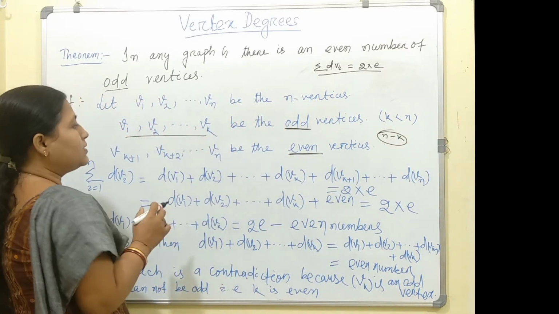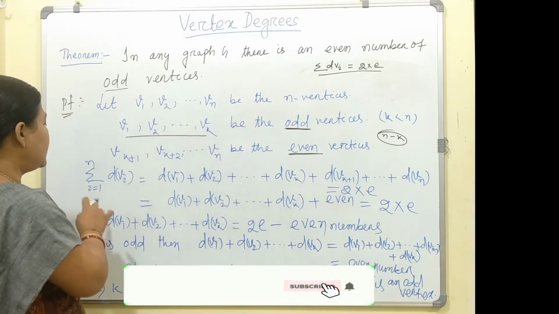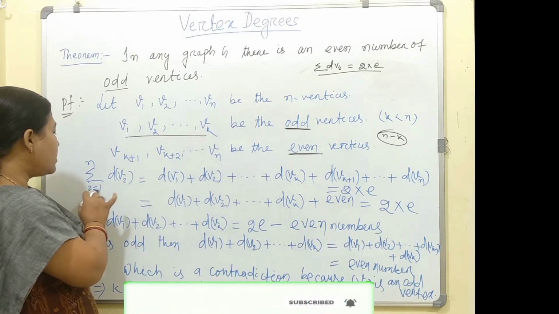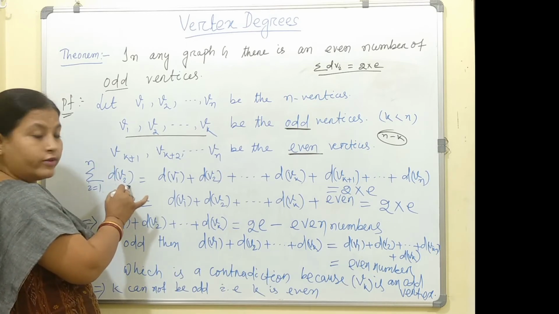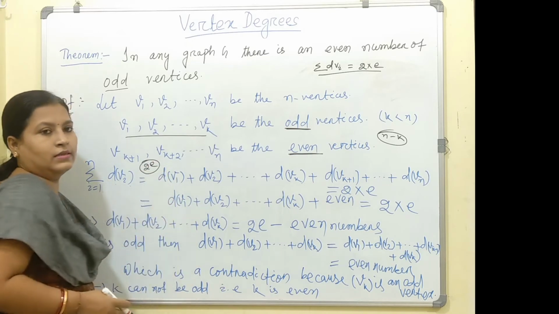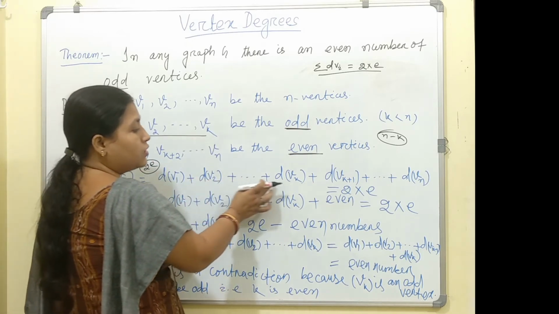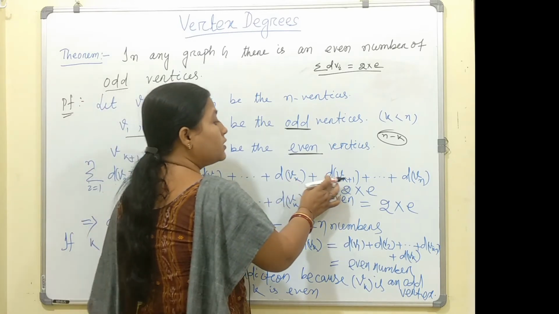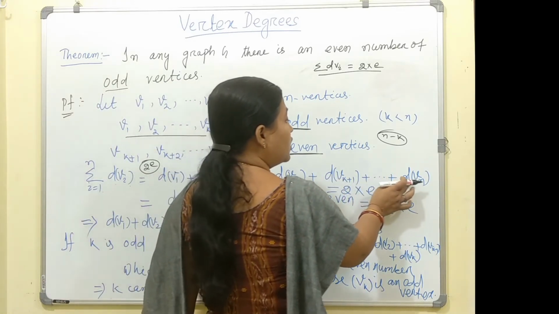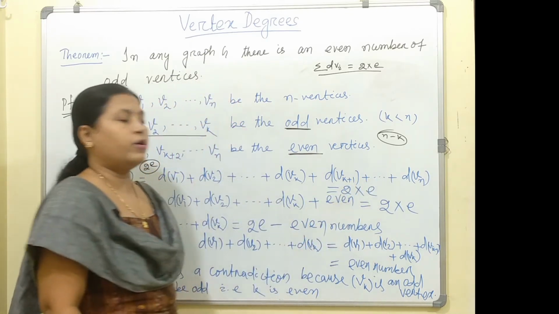From the handshaking theorem, the summation from i equal to 1 to n of d of vi is equal to 2e. That is degree of v1 plus degree of v2 plus up to degree of vk plus degree of vk plus 1 plus up to degree of vn is equal to 2 times the number of edges.